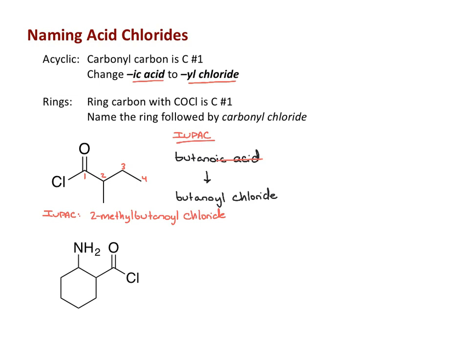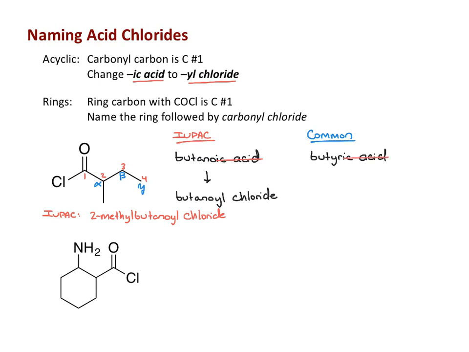Now let's do the common name. For the common name, remember you don't give the carbonyl carbon a letter. We start with the next carbon, that's alpha, then beta, gamma, and so forth. Again, 4 carbons, the common name for a 4-carbon carboxylic acid is butyric acid. We use the same rules to change the ending.